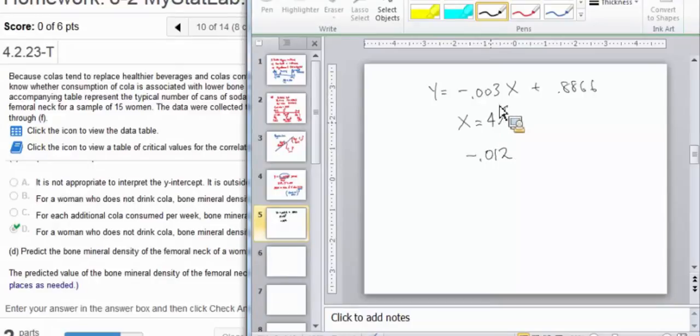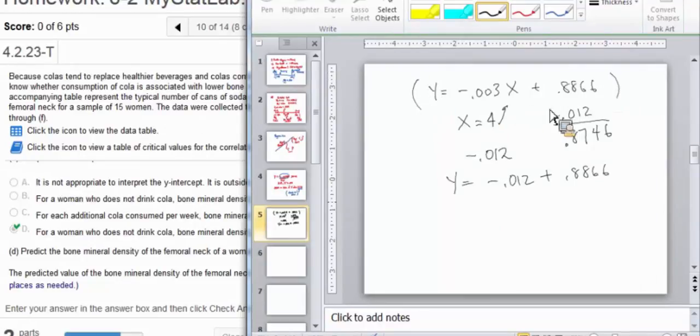Right, 3 times 4 is 12. This is minus, so I subtract. So all I did is I put in 4 for x, so I got that y equals minus 0.012 plus 8866, and I just did the subtraction, 8746. So this is a case where you don't overthink this.